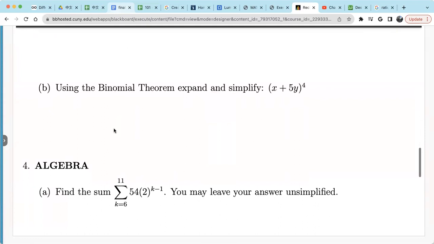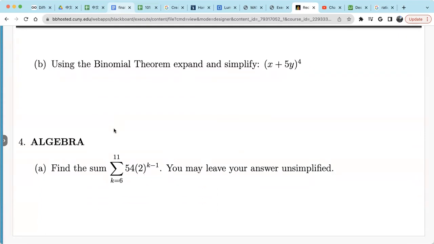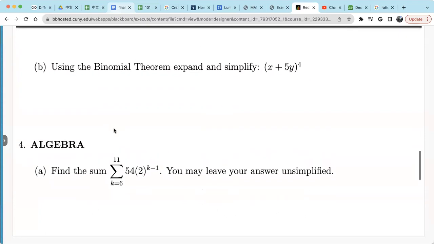Let's see B. We want to use the binomial theorem expansion to expand this. I remember in my last video, I used Pascal's triangle. Do you remember Pascal's triangle? You build the coefficients with it, right? You start with 1, that's your level 0. Then you build the 1, 1 on the side.